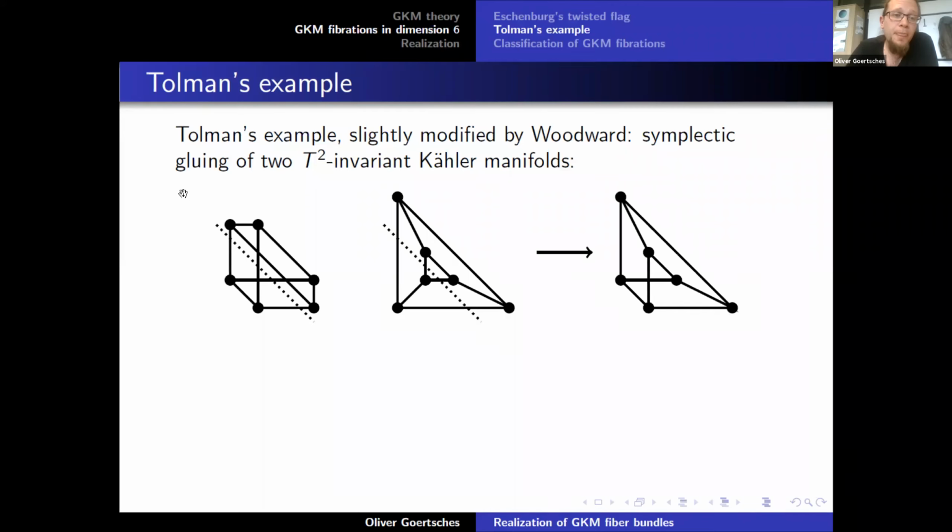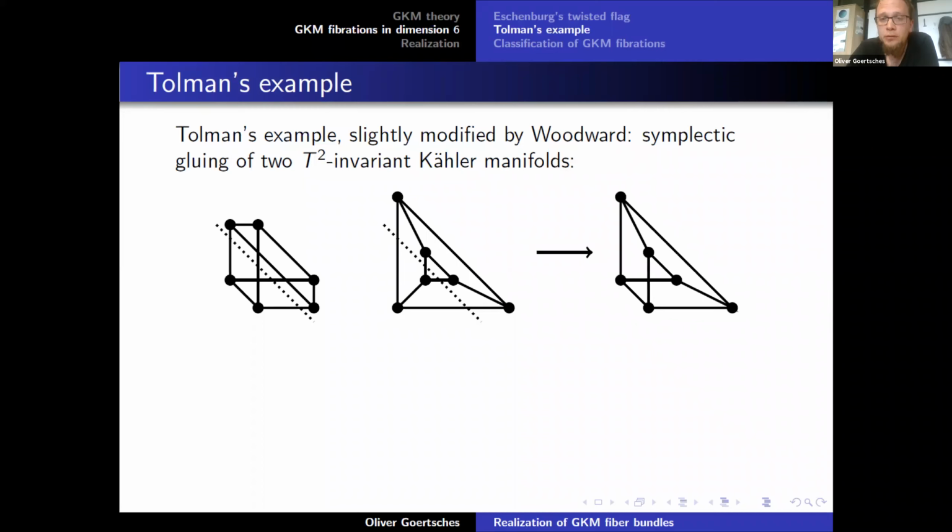Then she cut these manifolds in two halves, as indicated by these dotted lines here. She took the pre-images of the lower half here and of the upper half here and glued them symplectically to obtain precisely this picture here, which then arises as the momentum image of some Hamiltonian T2 manifold.